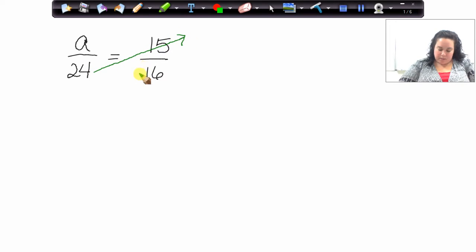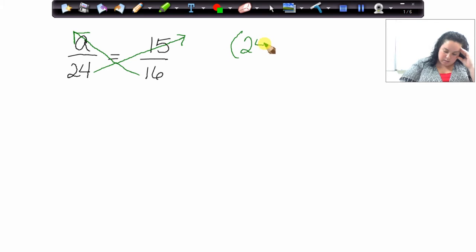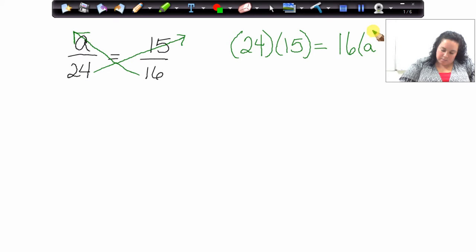So cross multiplying, we can multiply from the bottom across the top. So 24 times 15, so let me write this down. 24 times 15 equals 16 times A. All right. 24 times 15 is 360, and then 16 times A we write as just 16A.